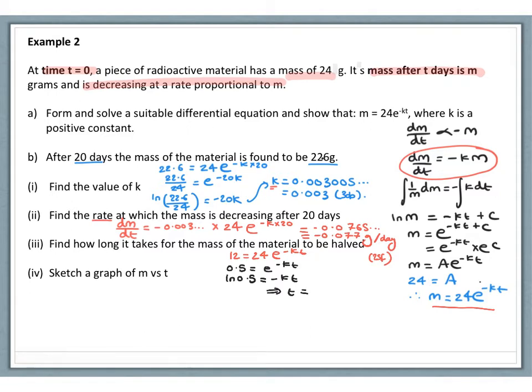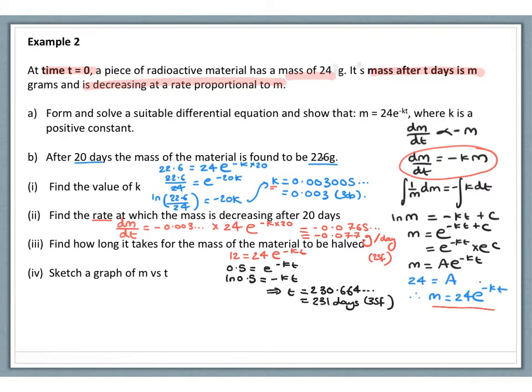So this gives t equals 230.664 ... days. So let's say 231 days to 3 significant figures. And that is, of course, the half-life, the time taken for the radioactive mass to decrease to half its original value.